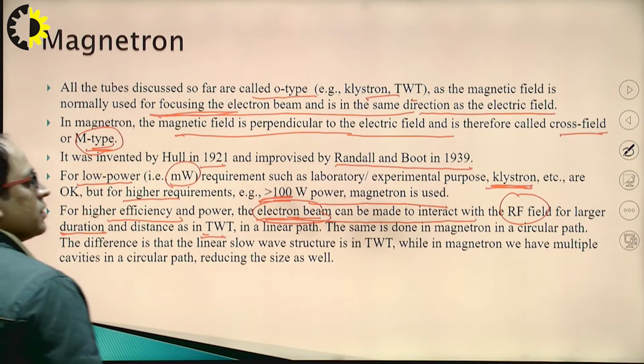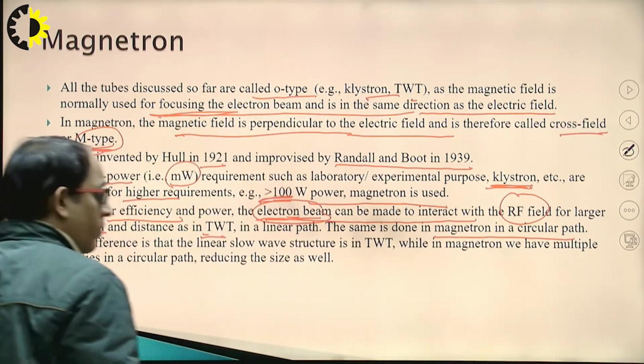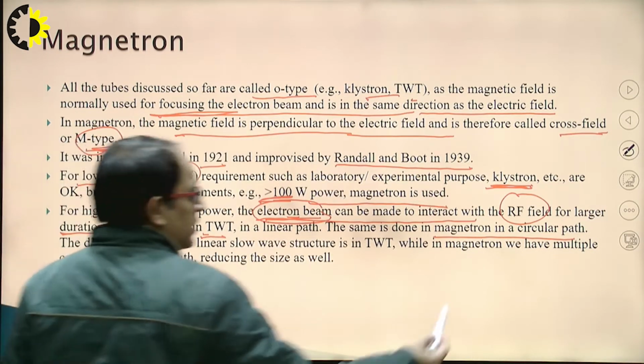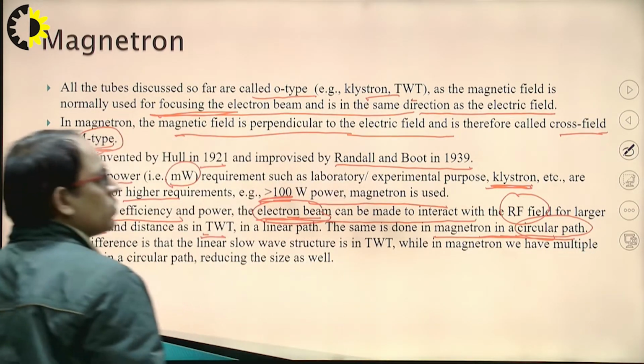Similarly, in the magnetron this interaction should also be maximum, but here the interaction is in a circular path.